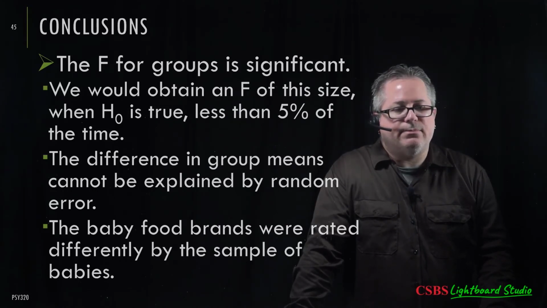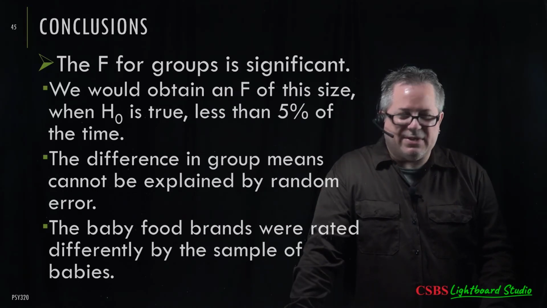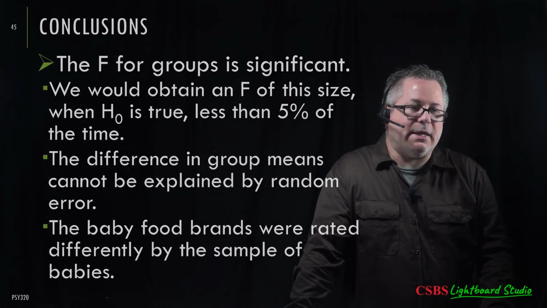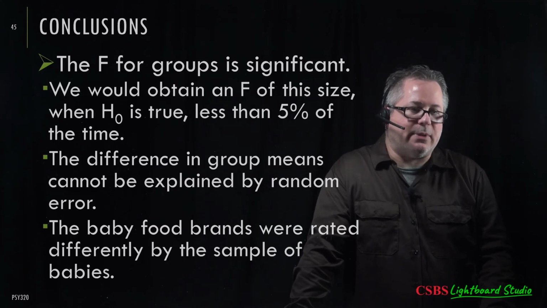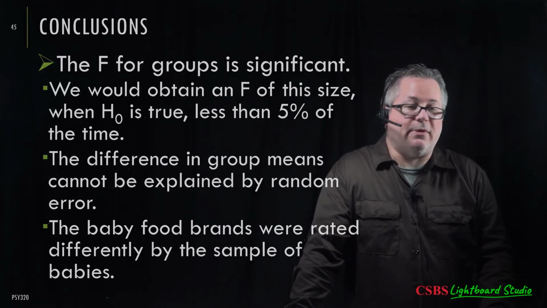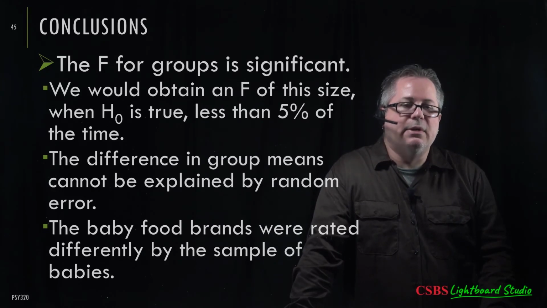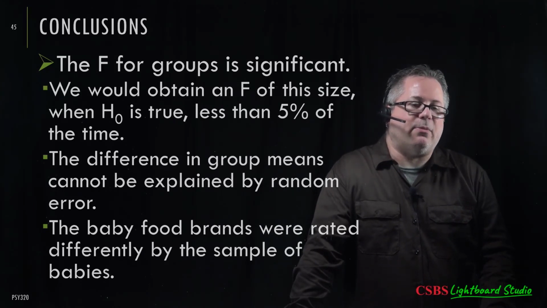So random differences between the groups is not a very likely explanation for the value that we got. A better explanation is that the babies prefer the brands differently, right? The difference in group means cannot be explained by random error.